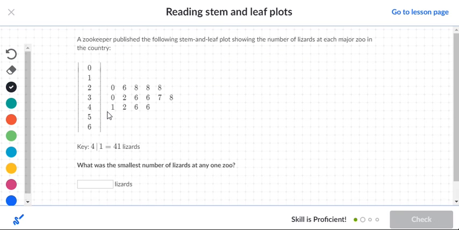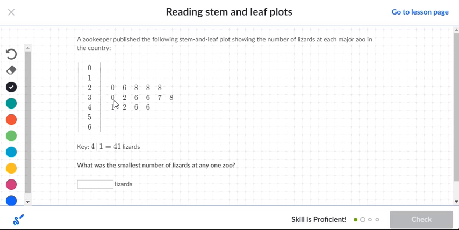So let's move on to the next one. A zookeeper published the following stem and leaf plot showing the number of lizards at each major zoo in the country. So again, this would be 20, this would be 26, 28, 28, 28.